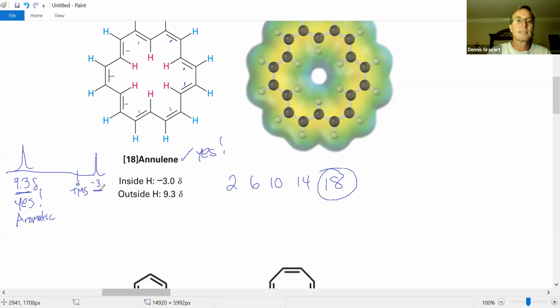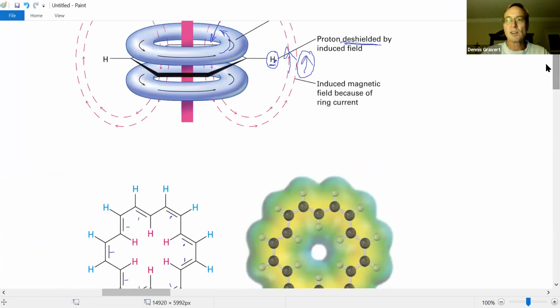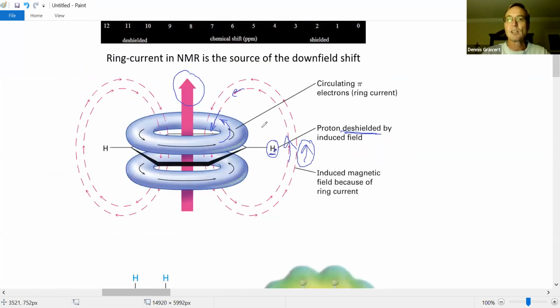And in fact, this -3 is due to these inside hydrogens. So remember, the ring current creates a magnetic field that goes 90 degrees to the ring current itself. So inside the ring, the magnetic field is down.